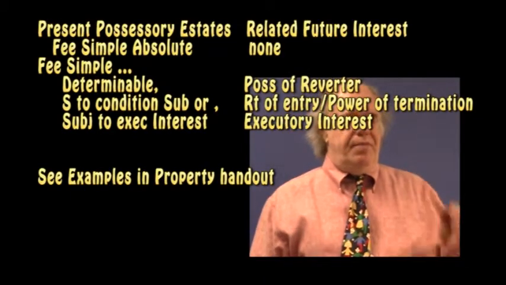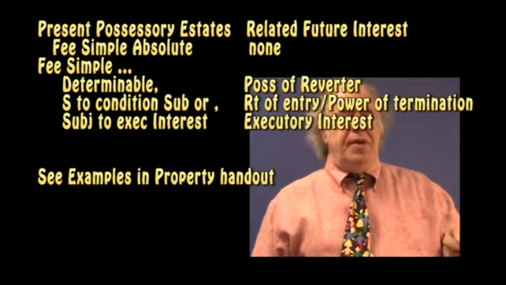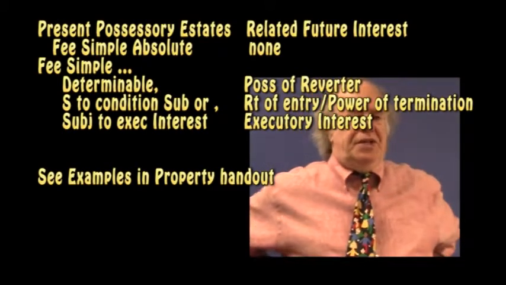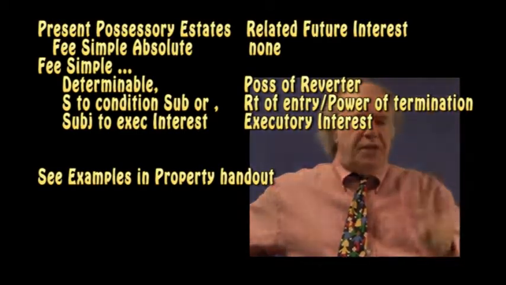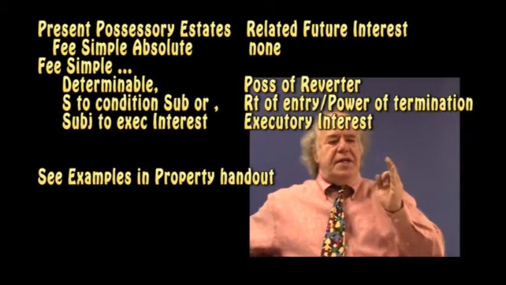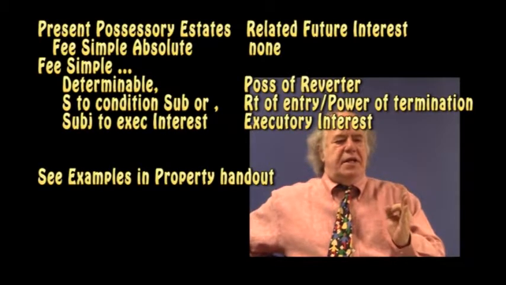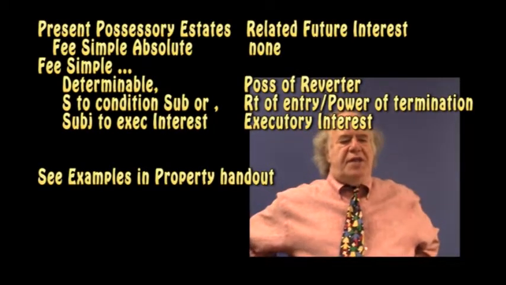Occasionally, even, God forbid, we have a fee simple determinable subject to an executory interest. But in any case, notice none of those used the word absolute. We replaced the word absolute with something that indicated it was going to come to an end. It's going to cut short a fee simple.